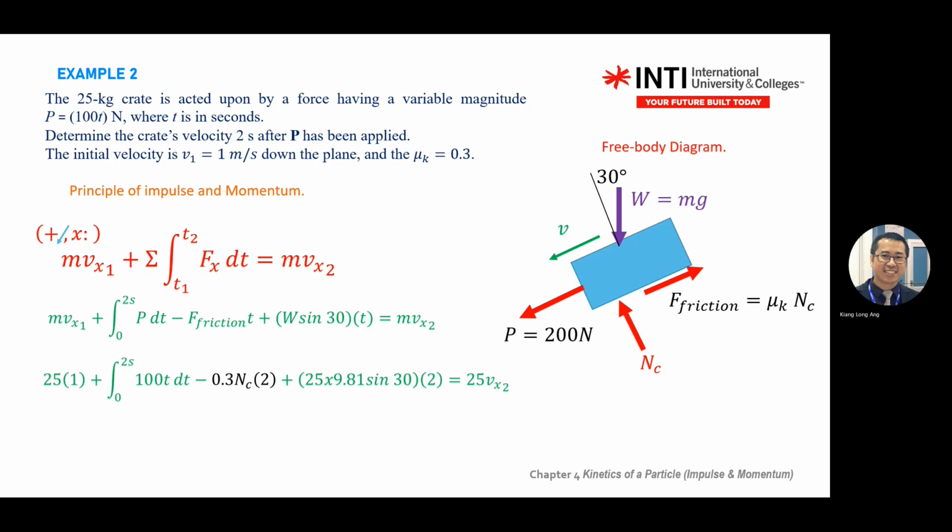What do you get? How do you do integration? Integrate x dx, what do you get? T squared over 2. What is the final answer?